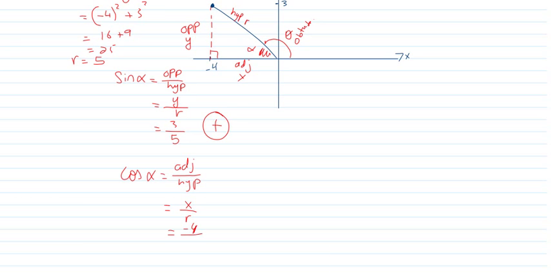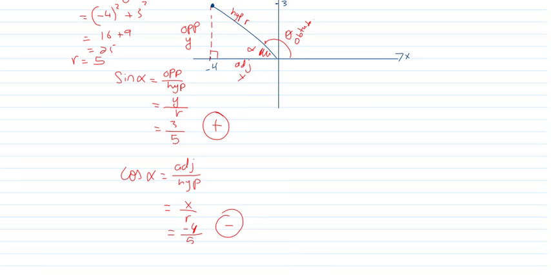So, look here. Negative 4 over 5. Is that positive or negative? Negative. Is that what we expected? Because it's in the second quadrant, it's an obtuse angle, so we're expecting cosine to be negative. And the reason for that is because in the second quadrant, x is negative. It causes the cosine to be negative.